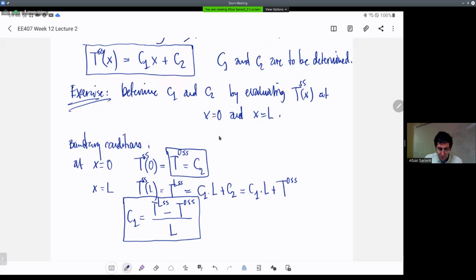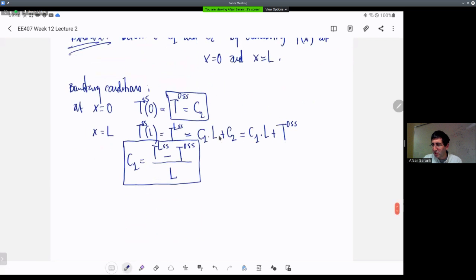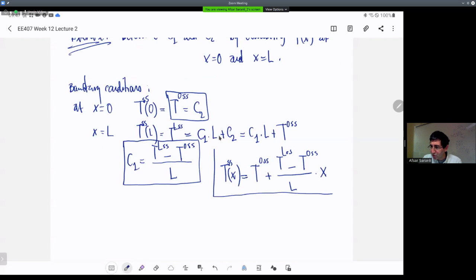So these are two constants, and what you get in return is that your steady state solution at x is basically your steady state solution at point 0 plus simply a slope, TLSS minus T0SS divided by L, which is the slope, times x. So that's your steady state solution.